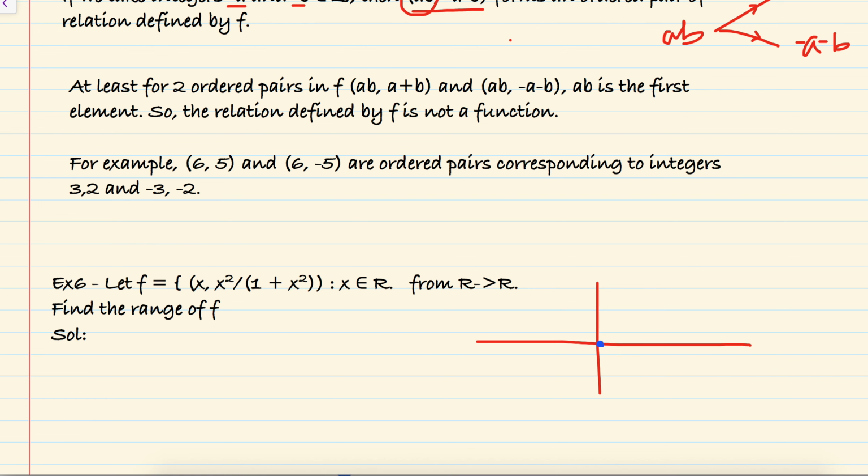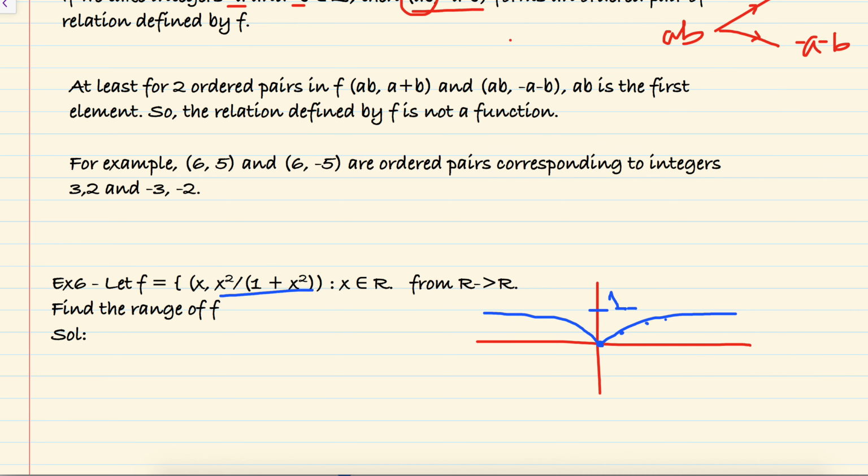So at infinity, it will be infinity by infinity plus 1, so close to 1. So it will be like this, if this is 1. And similarly for negative. So it will approach towards 1 but will never reach 1.